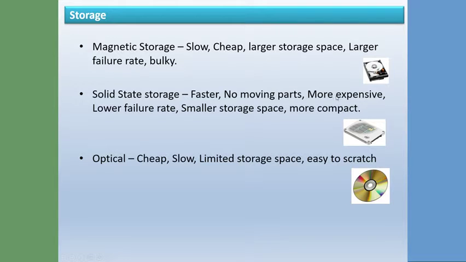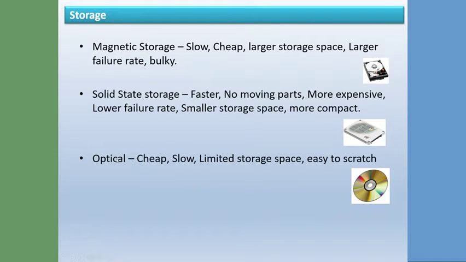So if you compare per gigabyte, the magnetic storage is a lot cheaper than an SSD. They have lower failure rates. They do have smaller storage space. So the majority of SSDs you'll find would be around 240 gig to 500 gig. There are some larger ones. However, with a magnetic disk you can get 1, 2, 4, 8 terabytes. So a lot larger storage.